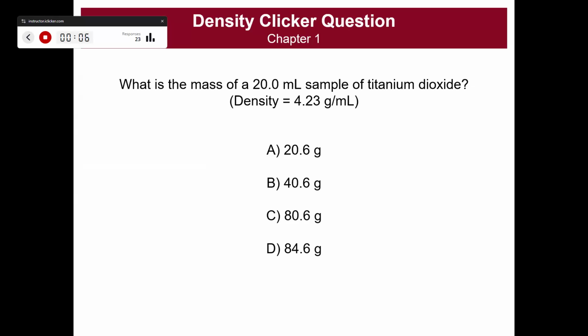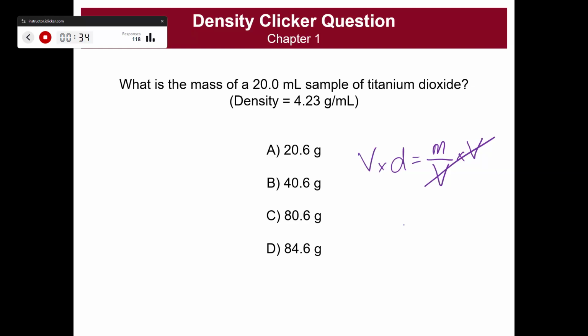So we want to know what the mass is. And we know that density is mass over volume. So you'll have to rearrange that equation a little bit to solve for the mass. The one thing you can do is multiply both sides by volume.